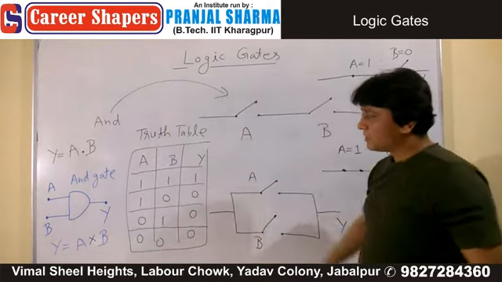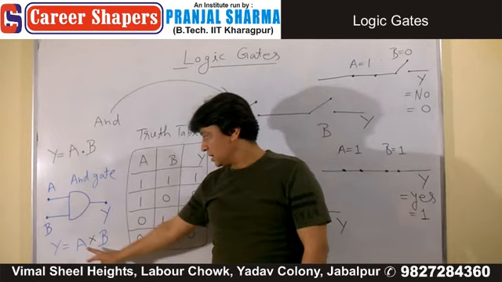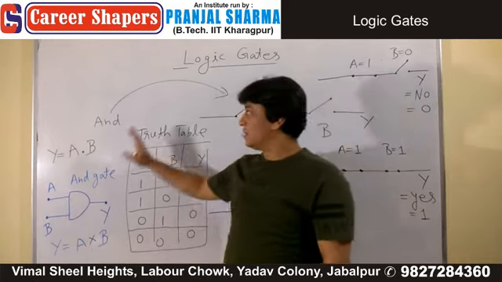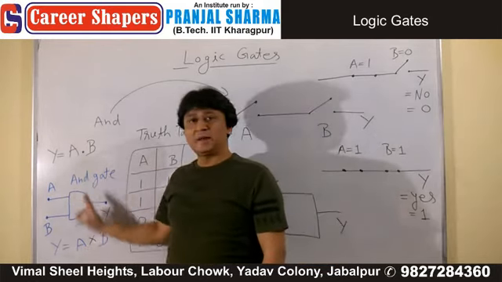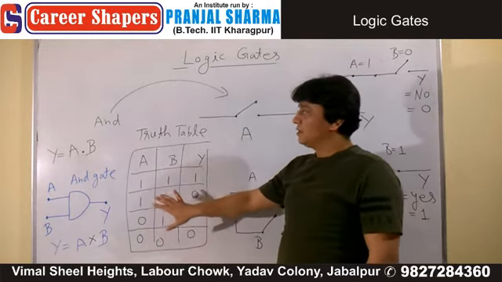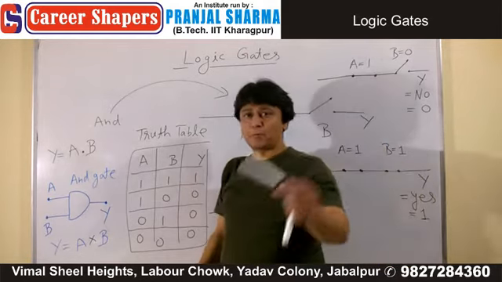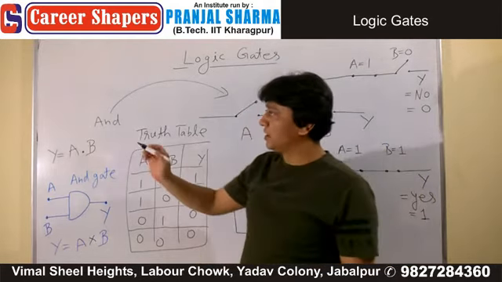Now this AND is A into B. Now what is multiplication? And this is something related to your permutation, combination type of thing.